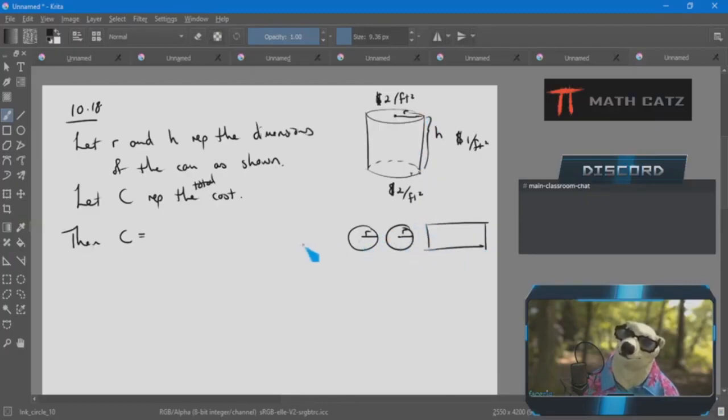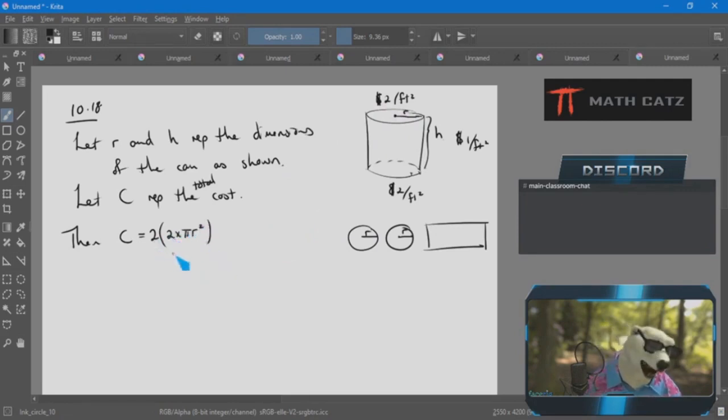And all of those surfaces cost me some money. So I have 2 times the cost of the circle, and the cost of the circle is $2 per unit area, so 2 times the area, and the area is pi r squared.